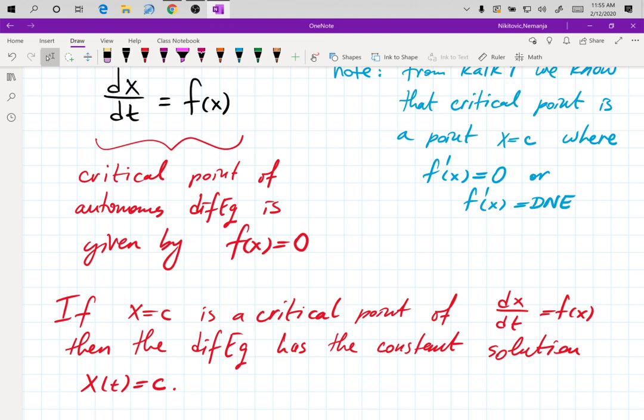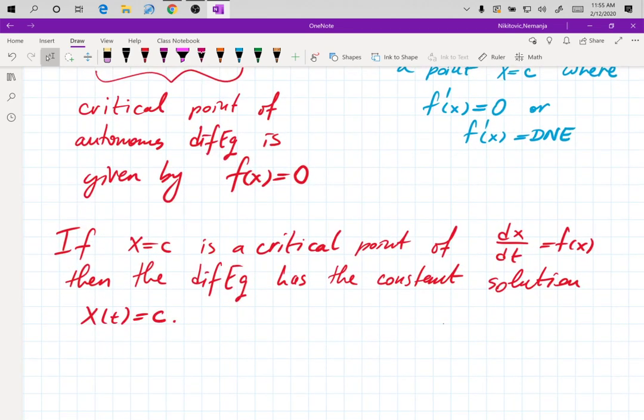You integrate both sides. Integral of 0 is 0 plus c, and there you go, right? So you integrate both sides, you get x equals 0 plus c, which is c. So that makes perfect sense that if it is a critical point, then the solution is just a constant.